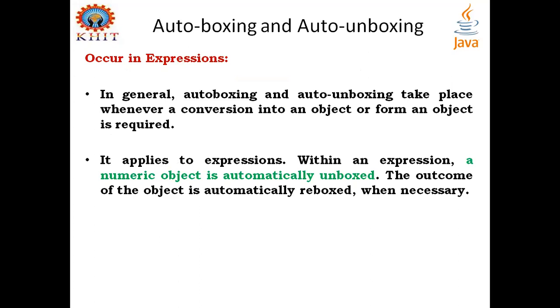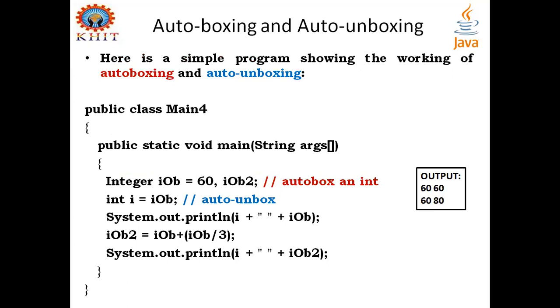Actually, auto boxing and auto unboxing occur in expressions. Within an expression, a numeric object is automatically unboxed. A numeric object means a wrapper object that contains the primitive value as an object, right? Here is an example showing the auto box and auto unbox process.